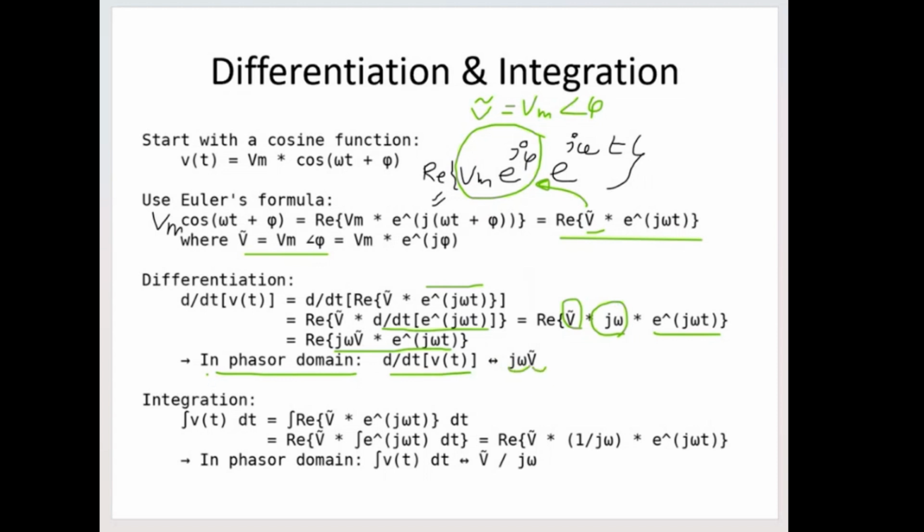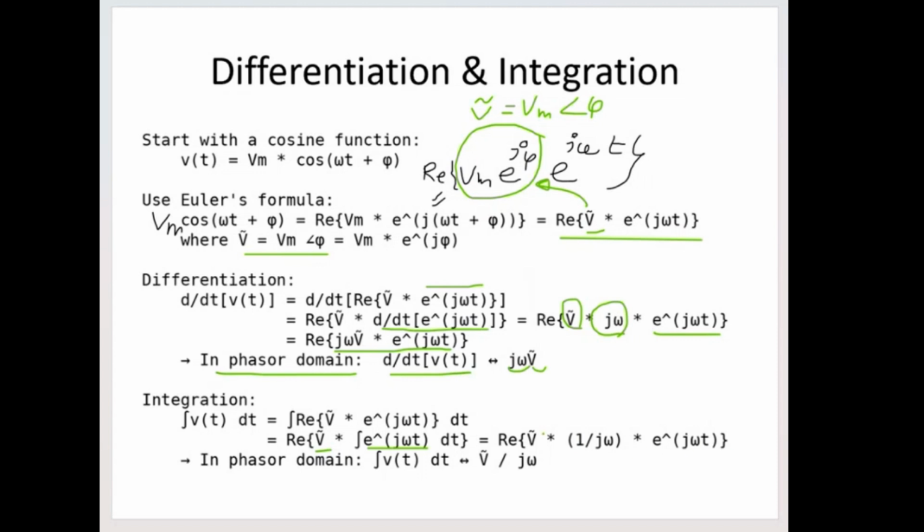Now, similarly, if we want to take the integral, the integral of v of t dt is the integral of the real part of phasor times this exponential. Again, the phasor is not a function of time, so it comes out of the integration. You can write it down here. And the integral of this exponential is straightforward. It's going to be 1 over j omega times e to the power of j omega t.